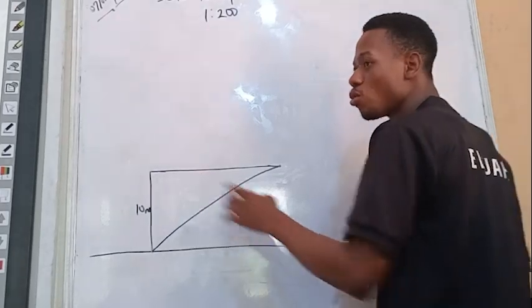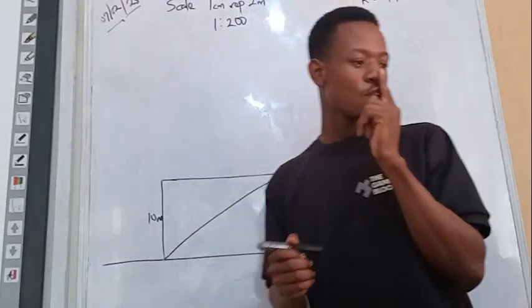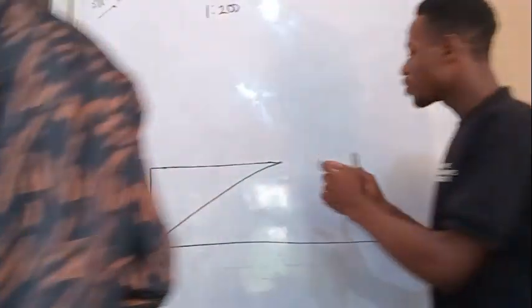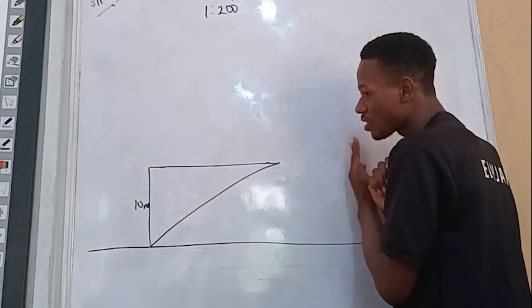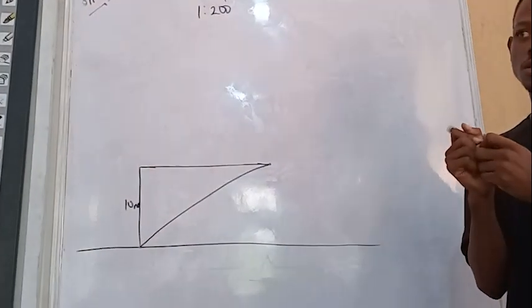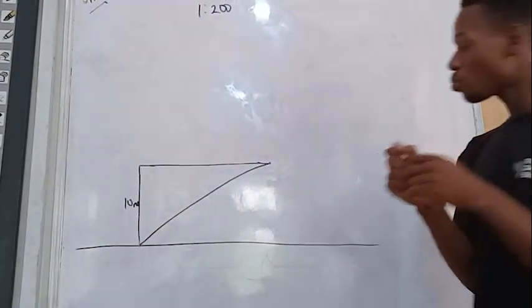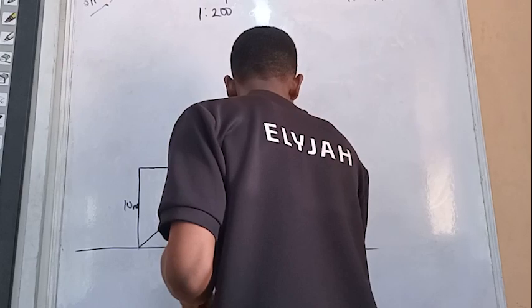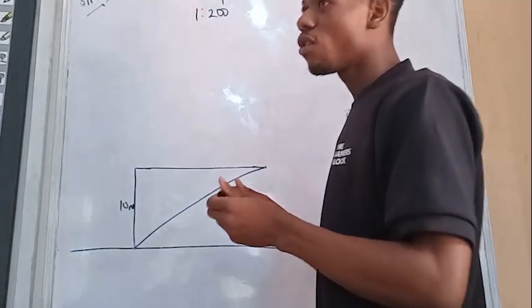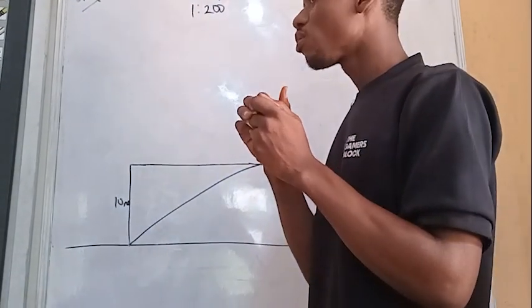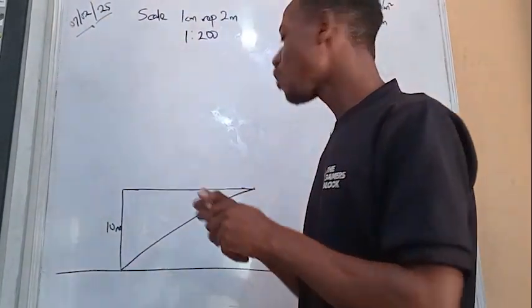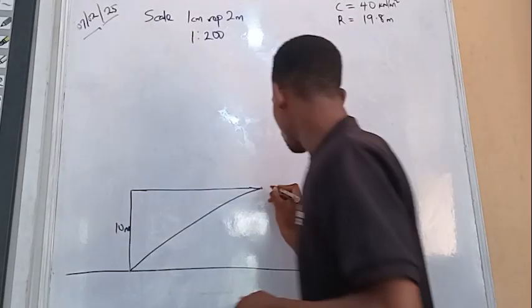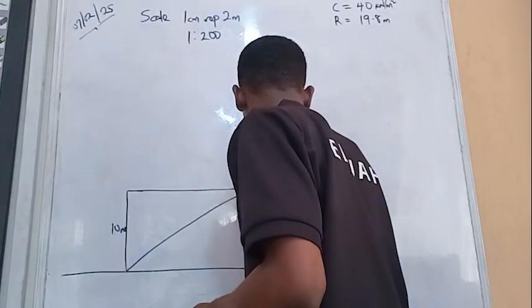From the question, we've been told that the distance from the top of the slope to the horizontal side here is 2.5 meters. So for us to measure 2.5, what are we going to do? That's 1.25. So with your ruler, you measure 1.25.